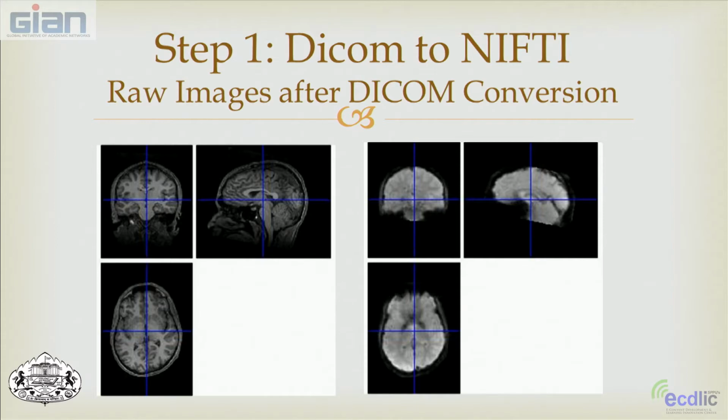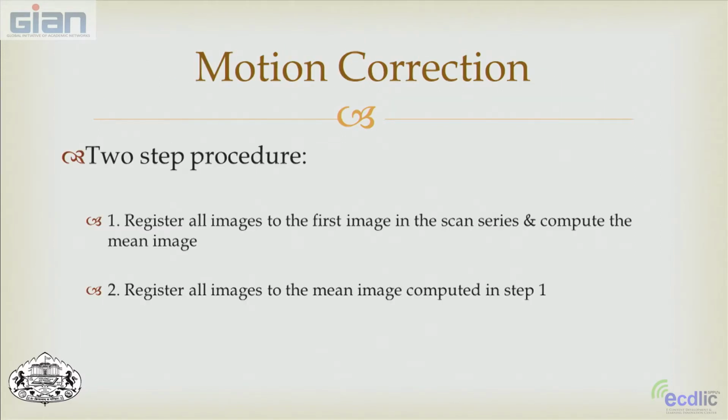This shows on the left the anatomical scans and on the right the functional scans. I will be talking a little bit more about what task we use to collect these in a few minutes. But this shows what the images might look like at the very first raw level after we take the raw files and convert them to image files. That would be step one in our processing.